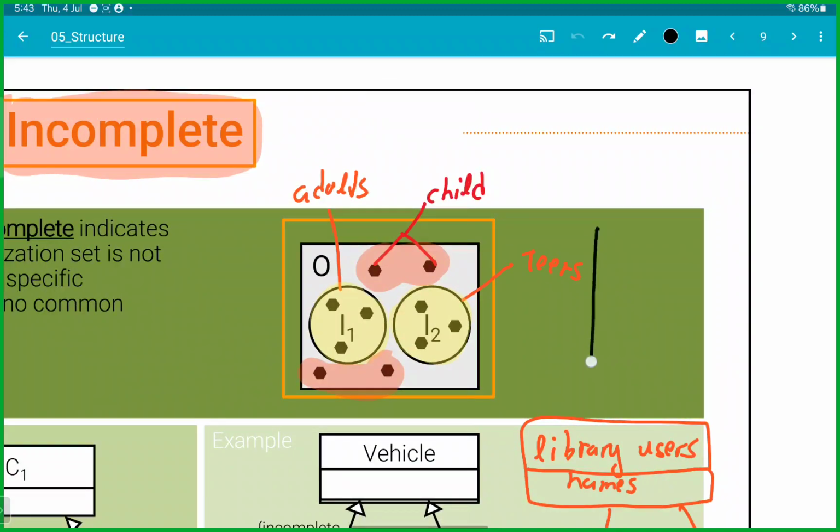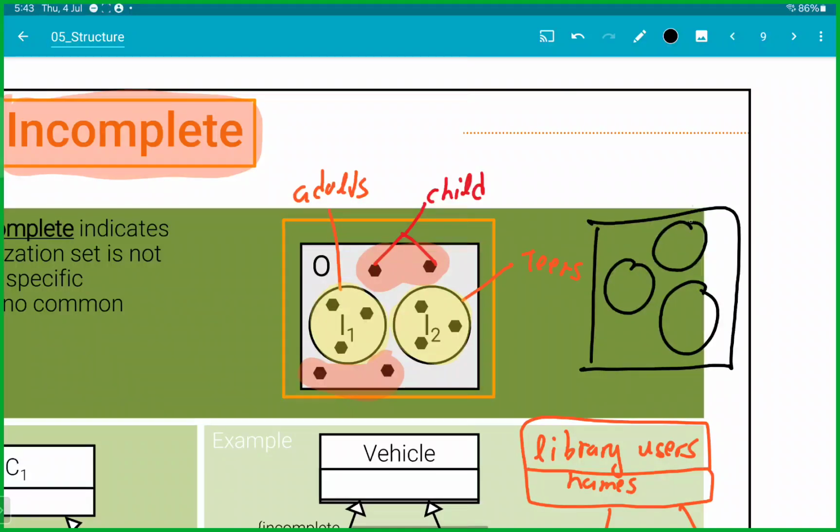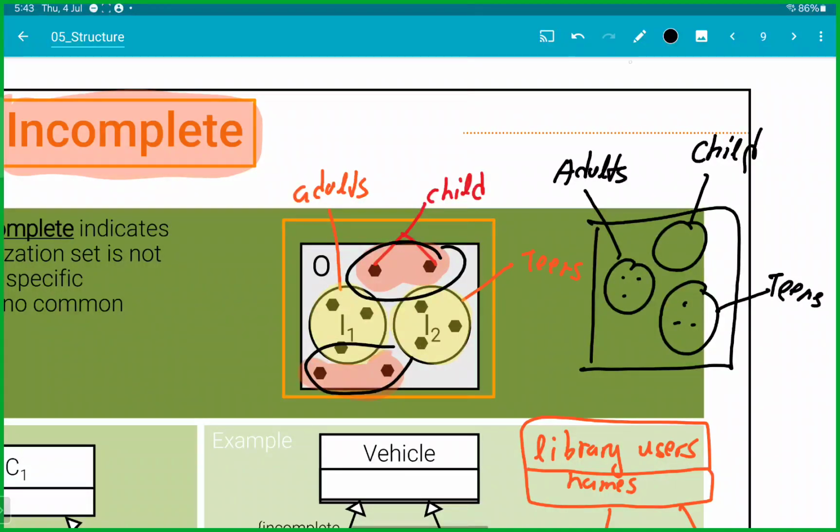So if we were to have a superclass and we introduce the same number of members, but I now create a new subclass called child, and this is called adults, and these are called teenagers. As you saw, in adults we have three members, and in teens we have three members, and in child we had what was initially four members on the outside.